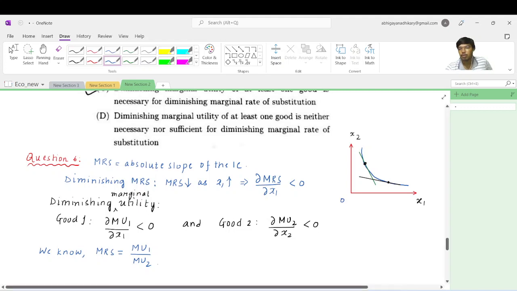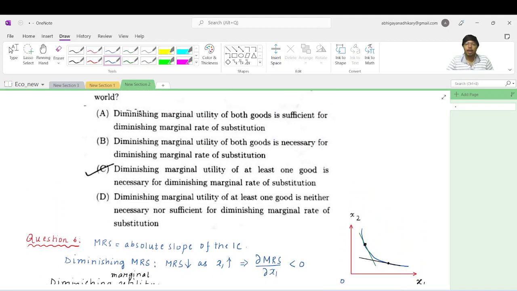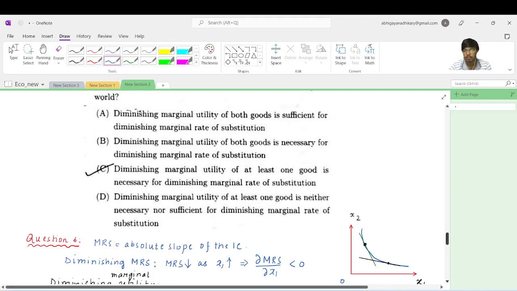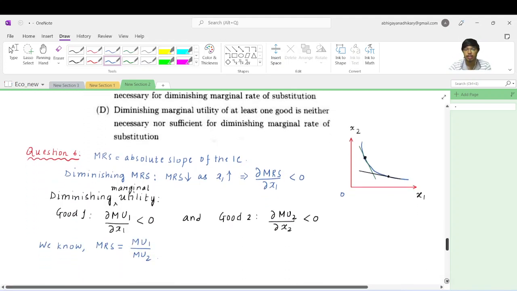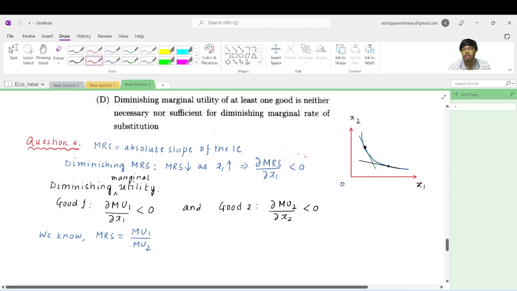If you look at the options carefully, we are trying to see what conditions on the marginal utilities ensure diminishing marginal rate of substitution, and which one is necessary and which is sufficient. So MRS equals mu1 by mu2, and I need to see what condition on these two ensures this.